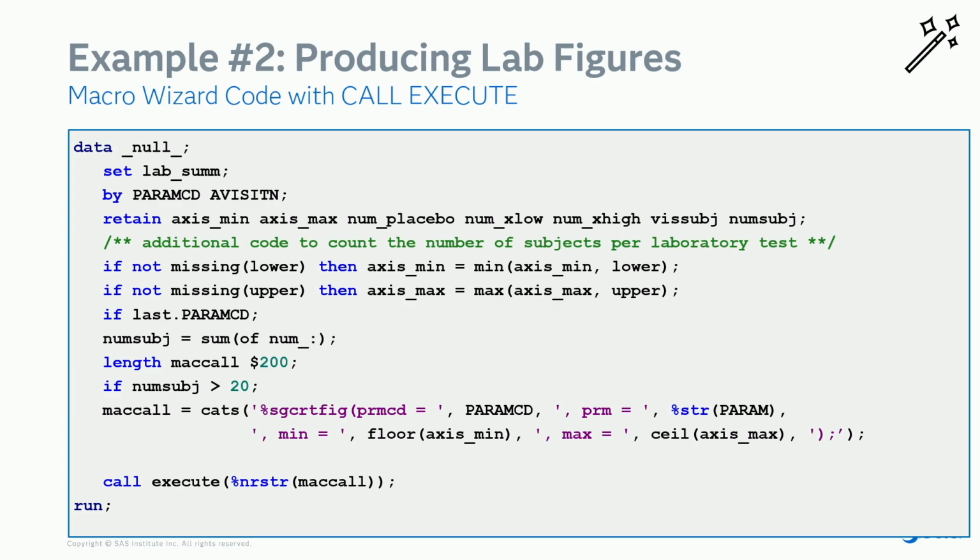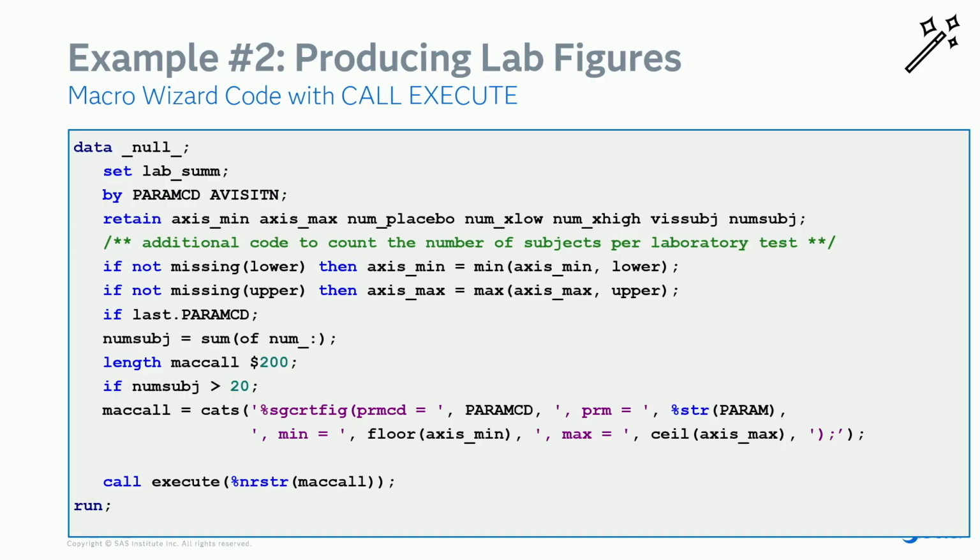Then when we get to the last record for a given lab test, that's PARAMCD, you see IF LAST.PARAMCD right in the middle there, we continue processing and build this macro call. That's what this MAC_CALL equals assignment statement is doing. Right above it, you'll see IF NUM_SUBJ greater than 20. That's a subsetting IF. If we don't have 20 subjects, we quit executing that iteration of the DATA step and go back to the top, so we won't create the output if we don't have 20 subjects.